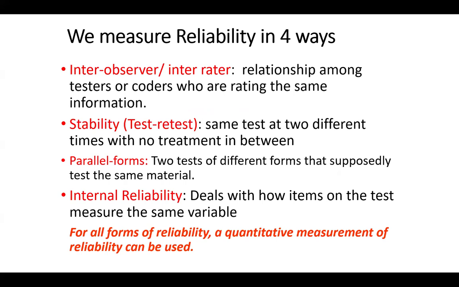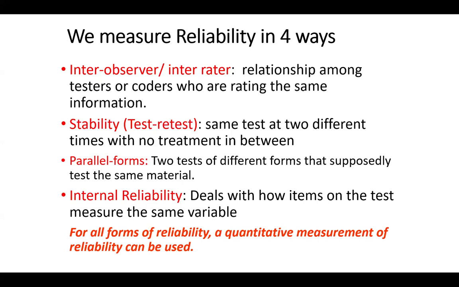Inter-observer reliability, as I said, is the relationship between different coders using the same scale. Stability is test-retest, how stable it is. If I administer it today and then use it on the same people the following day. The parallel form, I'm going to talk about it quickly, but I'm not going to ponder on it a lot.